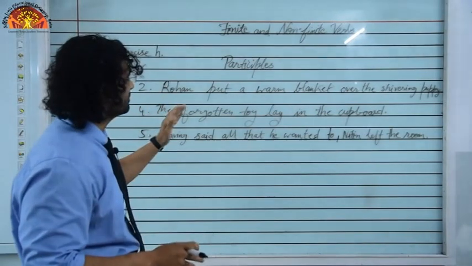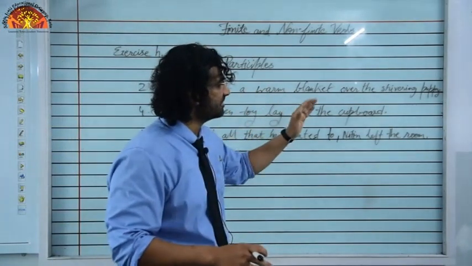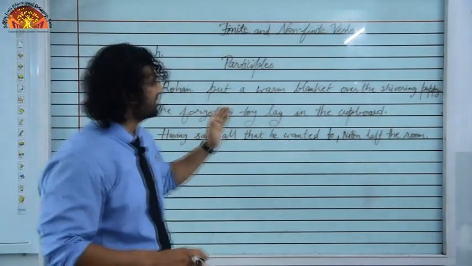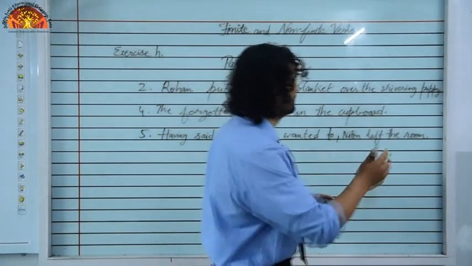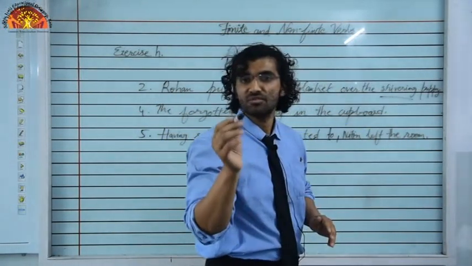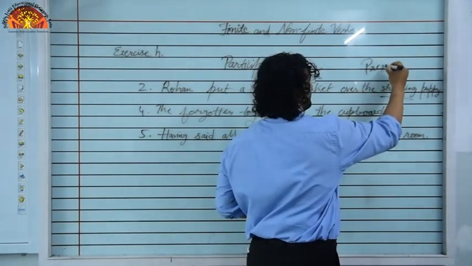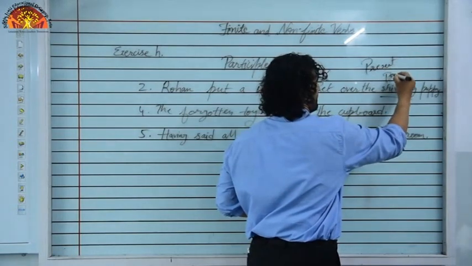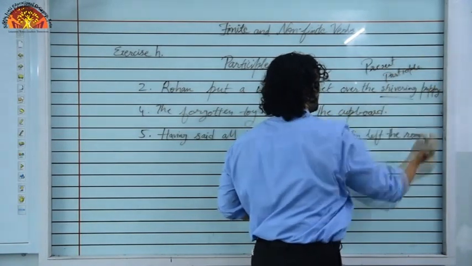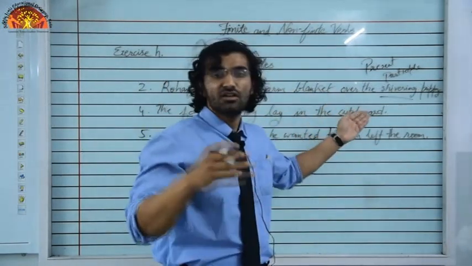Rohan put a warm blanket over the shivering puppy. Here we have shivering. This is present participle. Shivering puppy, present participle. Now you might be wondering, what is the difference between gerund and present participle?